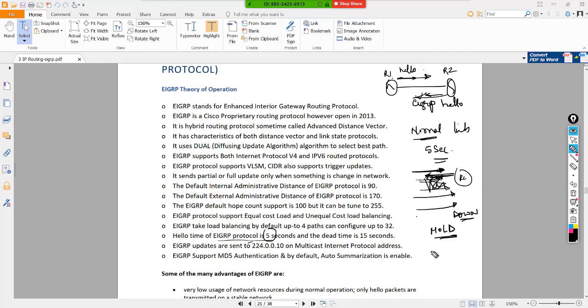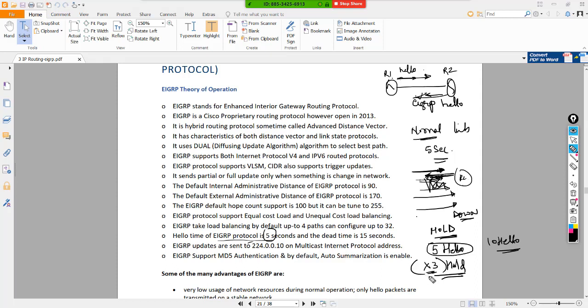By default in EIGRP, hello is 5 seconds and 5 into 3, multiplying 3 times, gives your hold timer. This is the standard in EIGRP. So let's say you change the 5 to 10.